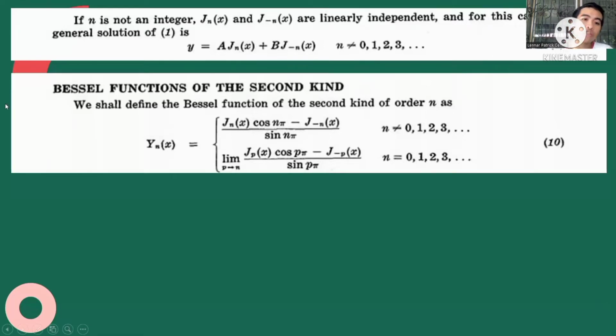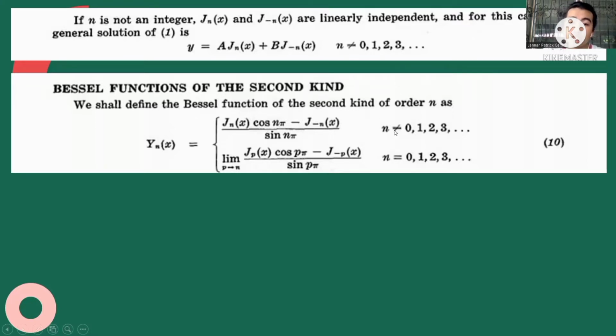So sa Bessel function naman of the second kind, we shall define the Bessel function of the second kind of order n as, dito makita natin Y sub n of x is equal siya dun sa J sub n of x cos n pi minus J sub minus n of x, all over sin n pi.